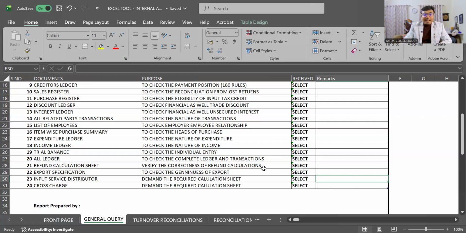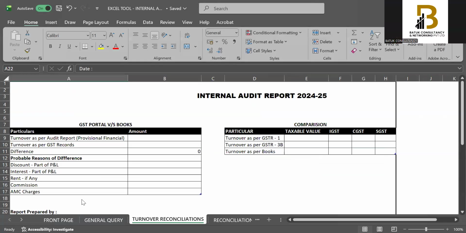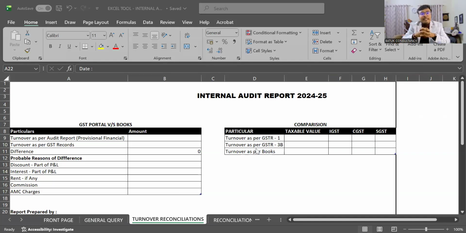Okay. Then we have the next sheet, that is turnover reconciliation. Turnover reconciliation is again a very important reconciliation.